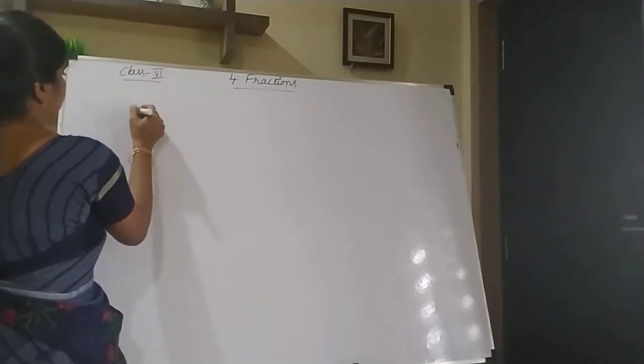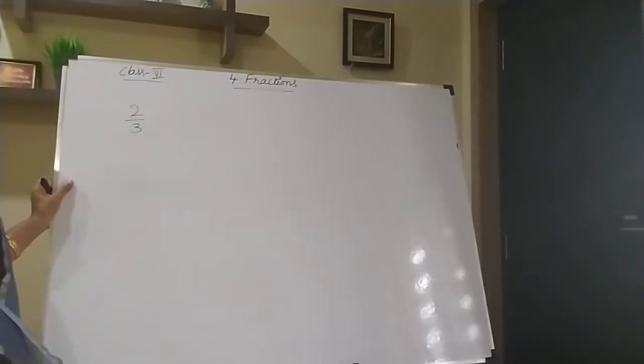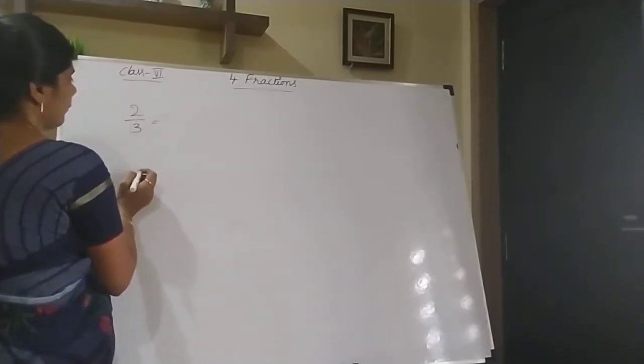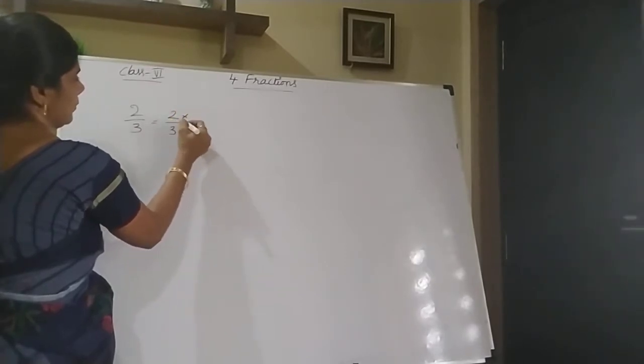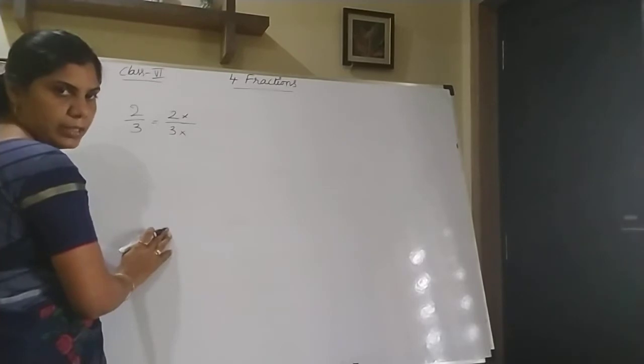So 2 by 3. I am taking this example 2 by 3. Now I want to write equivalent fractions for this fraction. Okay, see. To get equivalent fractions, just multiply the numerator and denominator with the same number.